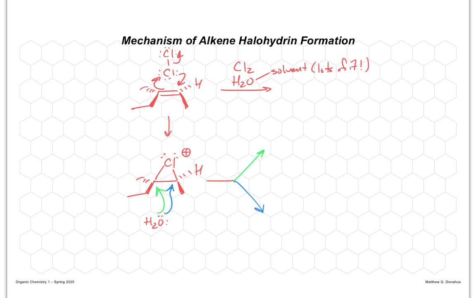So I'll just run through both of those structures so you can see what I mean by that. In the green one, I'm going to break the carbon-chlorine bond, and then I'm going to move that plus charge to the p orbital here.